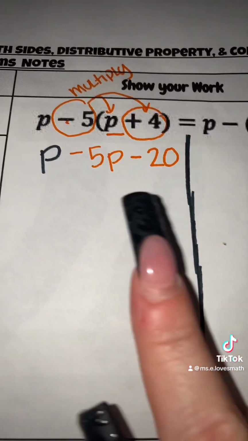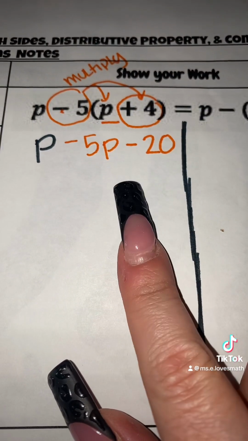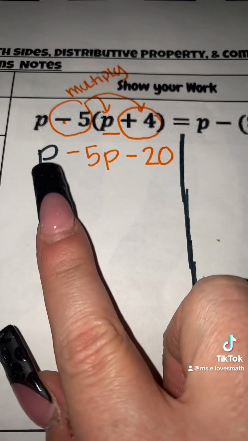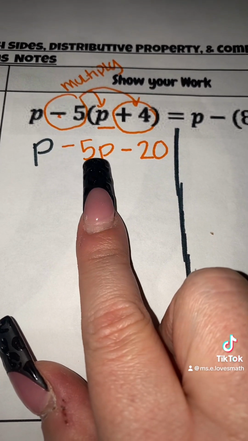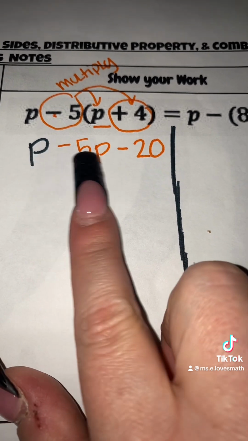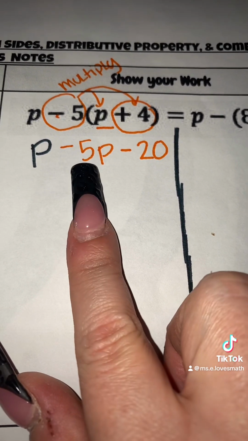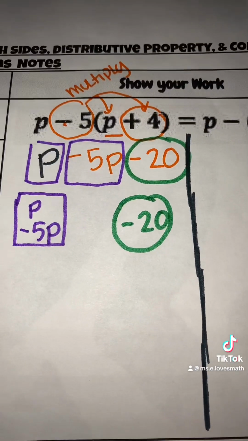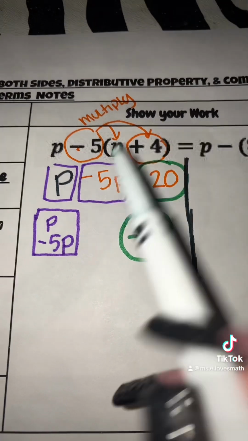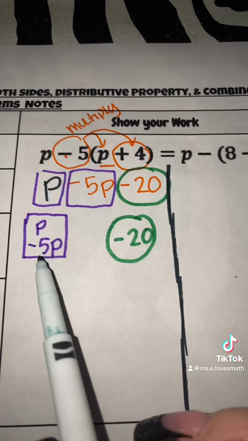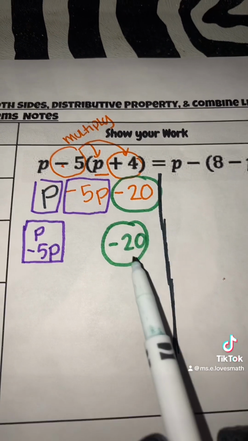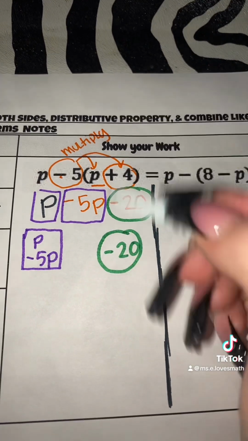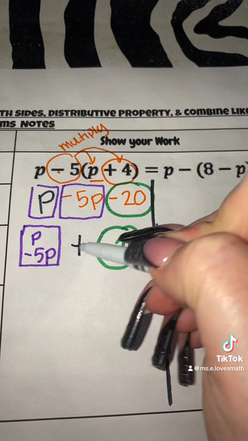So right now I've just distributed. Now I need to look to see if I can combine. I have p minus 5p minus 20. I have two p terms that can be combined together. I have grouped my terms: the p terms in the purple and my number terms in the green. Combine means to add.